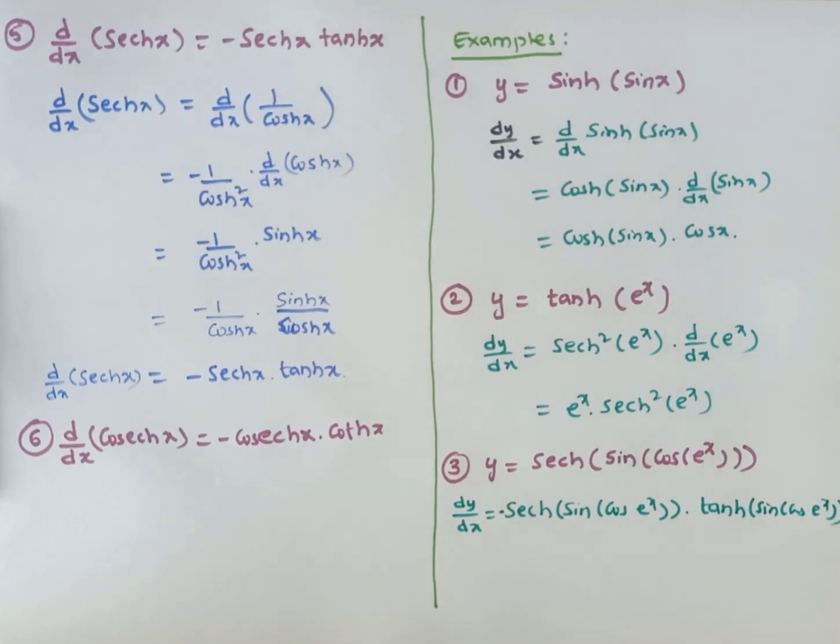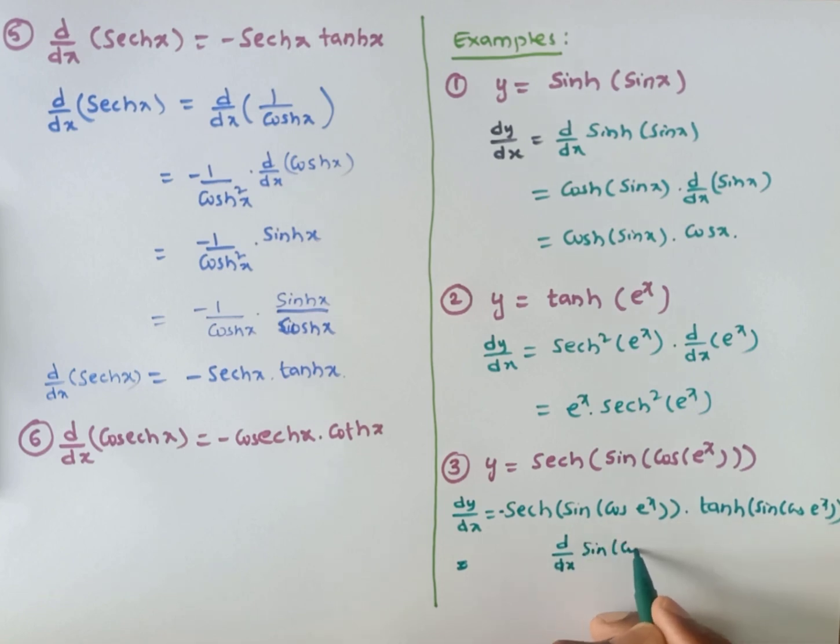Then we need to multiply by the derivative of sin of cos of e power x.